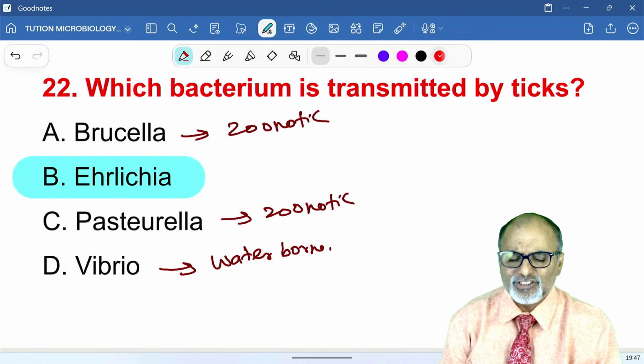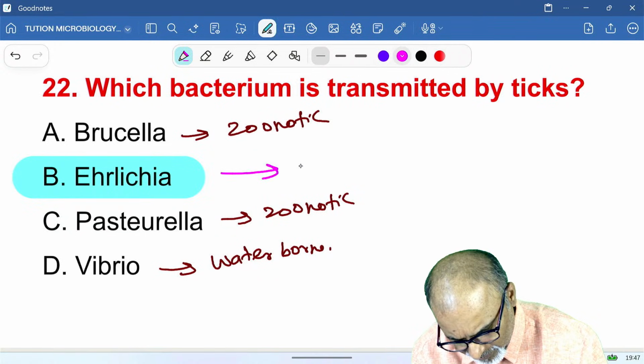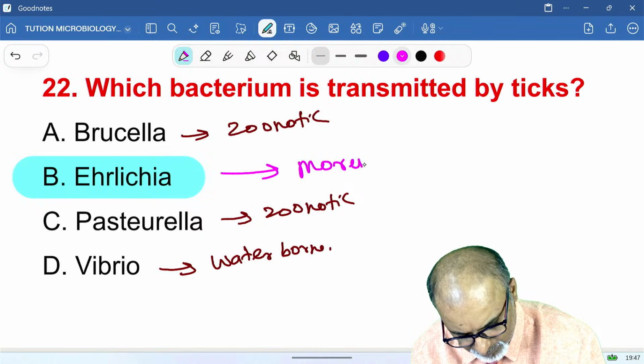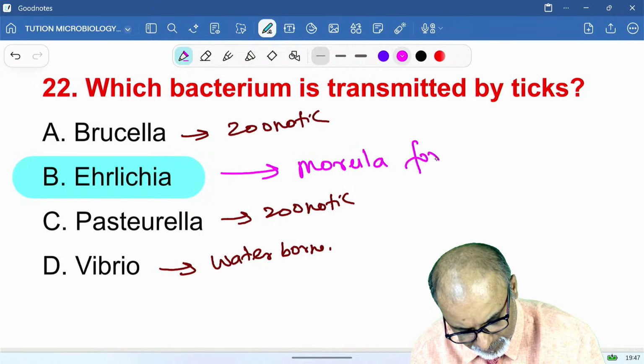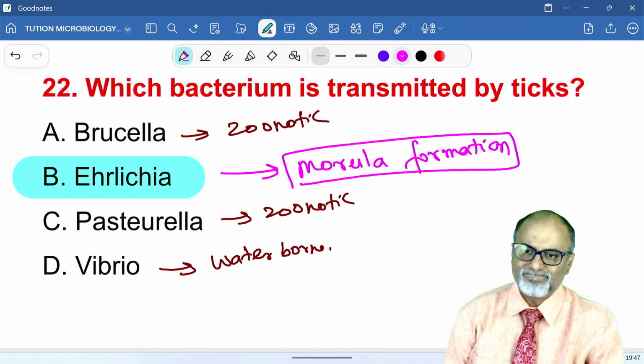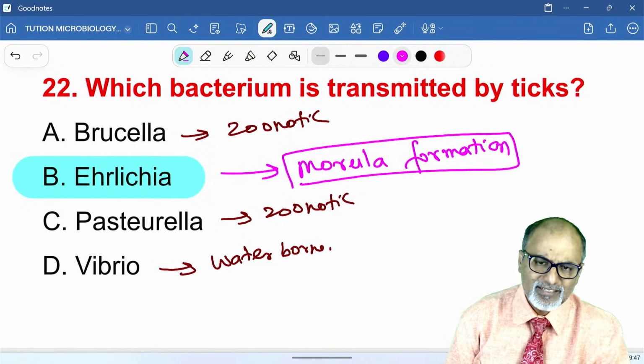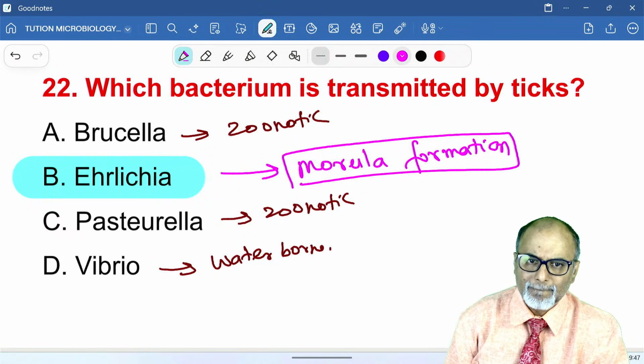It causes ehrlichiosis. The classical picture is morula formation.